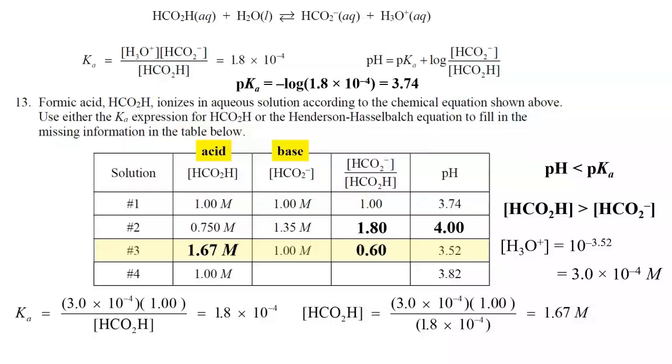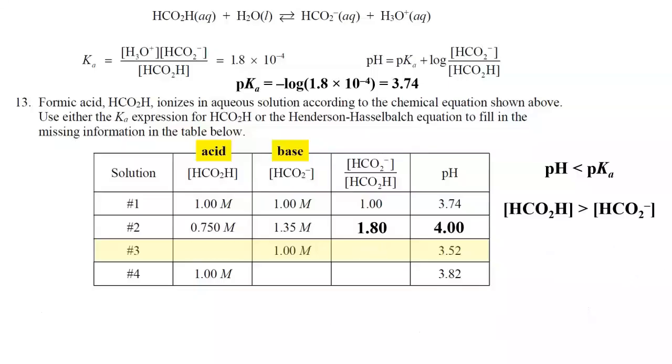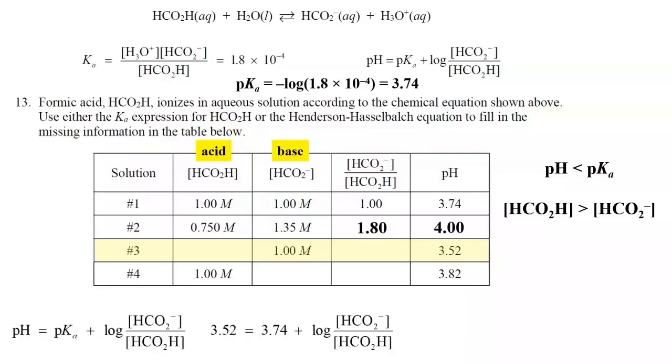Now I'm going to solve for that information for solution 3 using the Henderson-Hasselbalch equation. So I'm going to plug in what I know into the Henderson-Hasselbalch equation. So we have pH, which is 3.52, equals the pKa, which is 3.74, plus the log of this ratio of concentration of formate divided by concentration of formic acid. Now, since I don't know what that is, I'm solving for it.